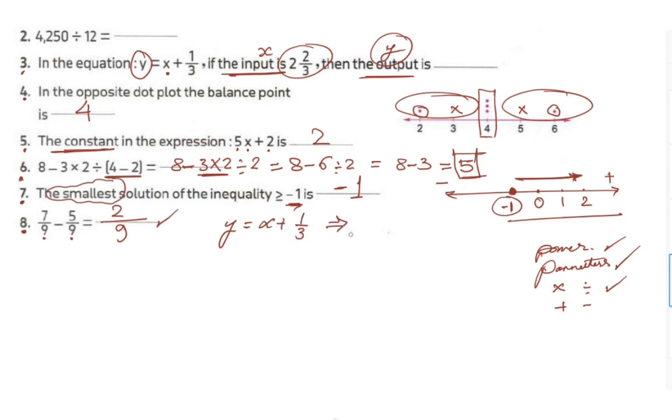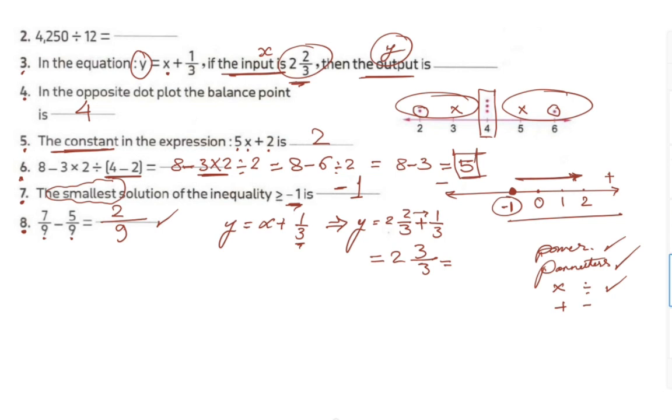You will substitute x with 2 and 2/3. 2 and 2/3 plus 1/3 equals what? That's equal 2, since we have no digit here, so 2 with 0, just 2. And this fraction has the same denominator, 3. Now add 2 and 1, equal 3.